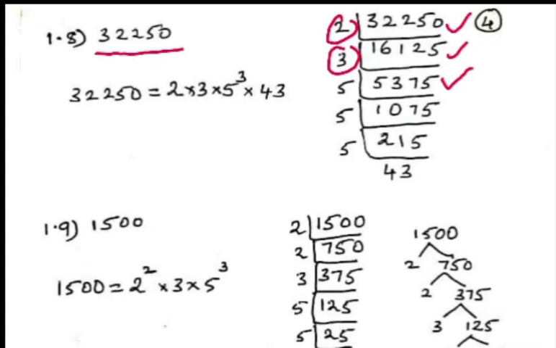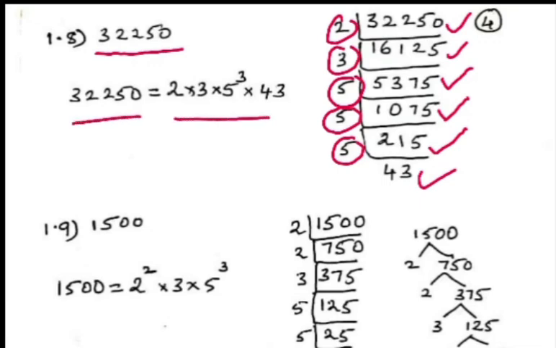It is again divided by 5, then we get 1,075. 1,075 is divided by 5, we get 215. 215 is divided by 5, we get 43. So 32,250 can be expressed as 2 multiplied by 3 multiplied by 5 cube multiplied by 43.